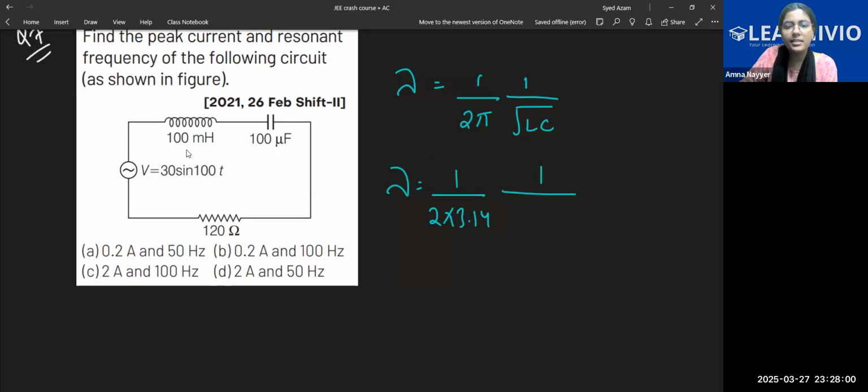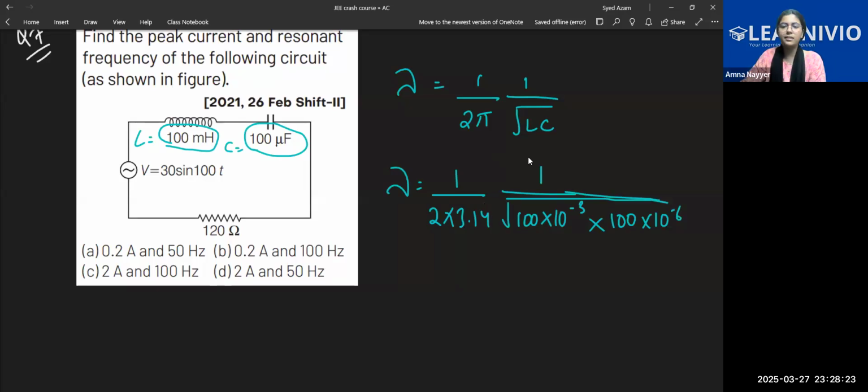L is given as 100 millihenry, so this will be 100 into 10 to the power minus 3. This is L. Capacitance is 100 microfarad. This is C. So 100 into 10 to the power minus 6. This you can solve. Whatever frequency will come will be the answer. So this you have to check. I'll tell you the correct answer.